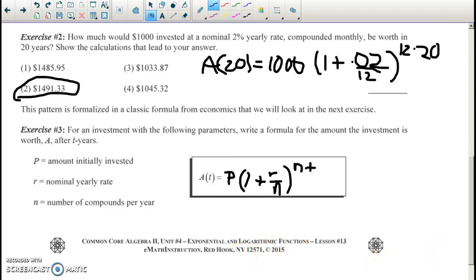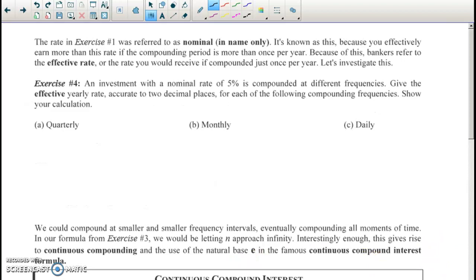So if we now go to the next page and we look at some of these other problems, number 4 says: an investment with a nominal rate of 5% compounded differently, give the effective yearly rate for the frequencies.